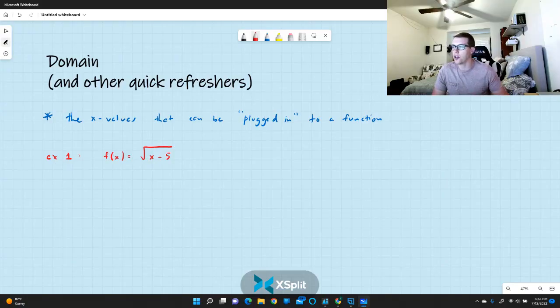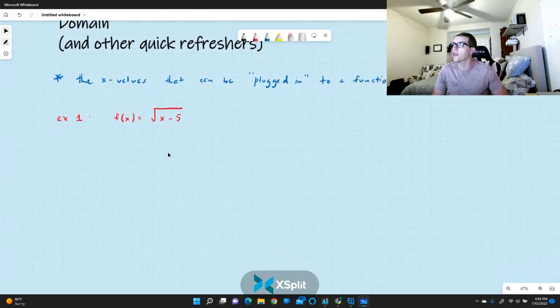This is a radical function, and when you have a radical function, you cannot plug in values that give negative answers. You can't have a negative output because then you'd have the square root of a negative number, and those are DNE, do not exist, undefined, when we are dealing with calculus.